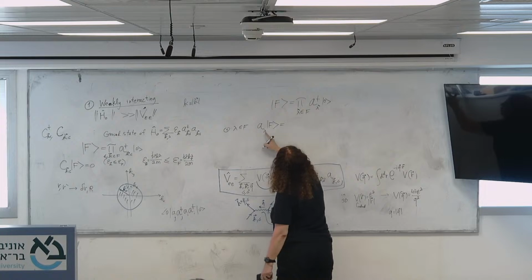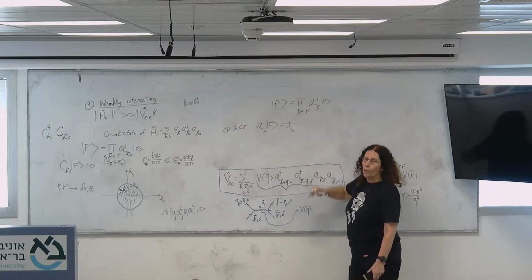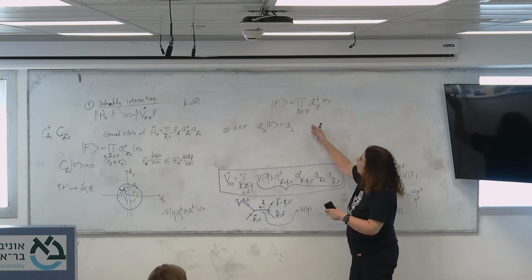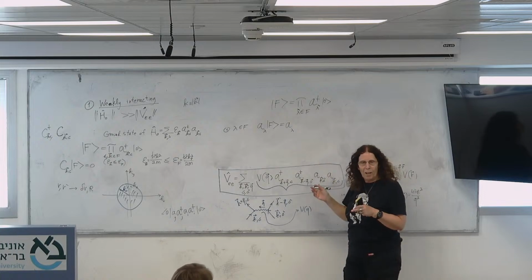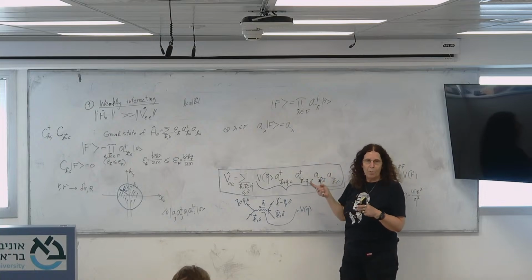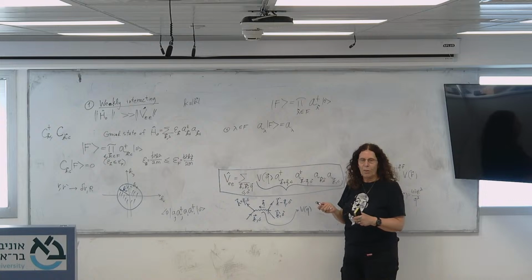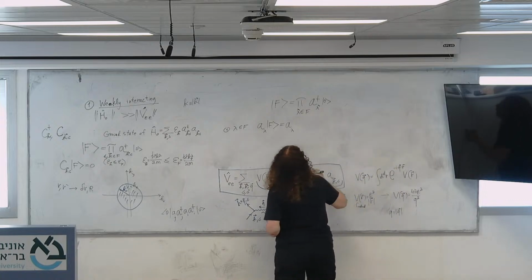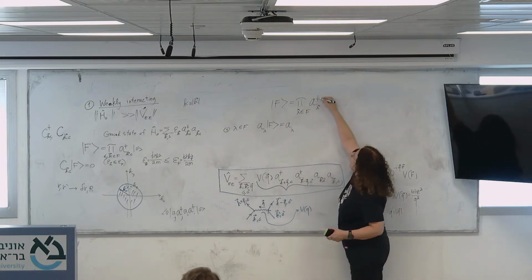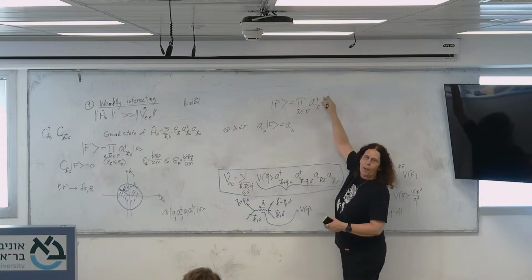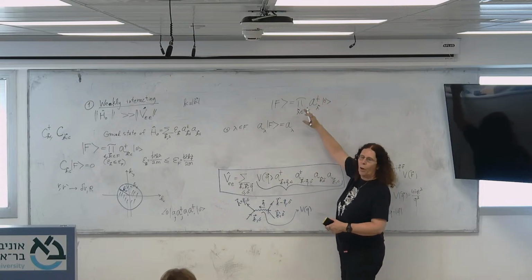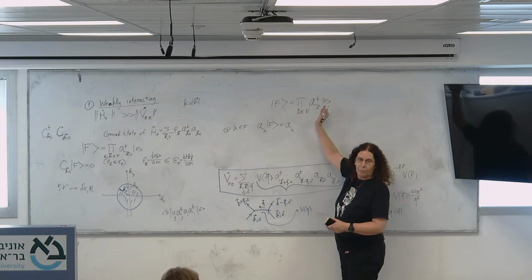So in order to be able to do the calculation, I divide the product into all the lambda primes that are different from lambda, and there's only one lambda prime that equals lambda. The one that is equal to lambda, I reshuffle it with all the others, so it will go to the right.